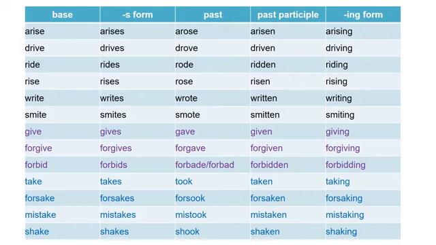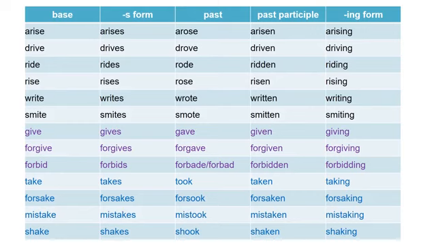Smite, smote, smitten. Now the next set, the ones in purple, follow the same pattern in that they have a different sound in the past from the sound in the past participle. So let's look at the verb give. Give, gave, given.